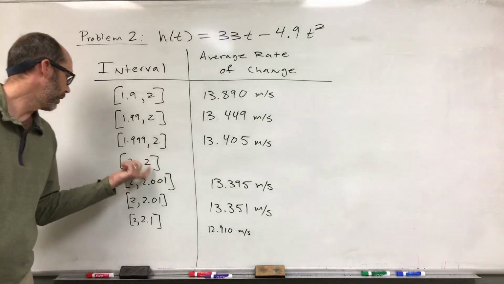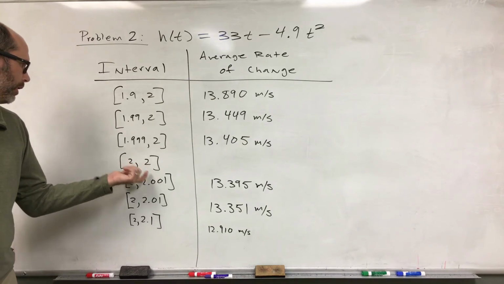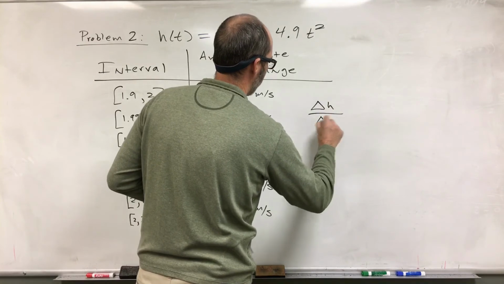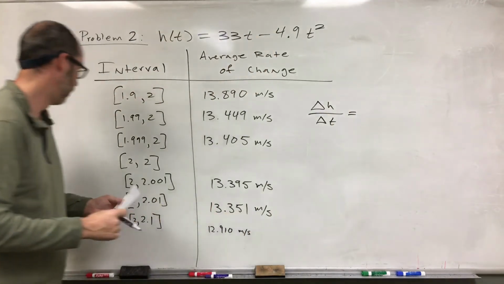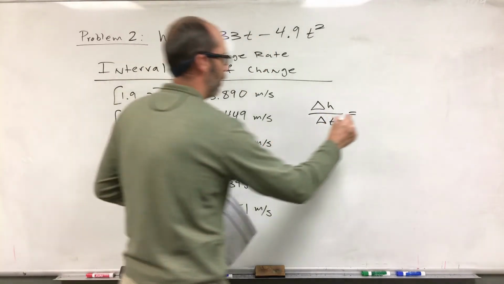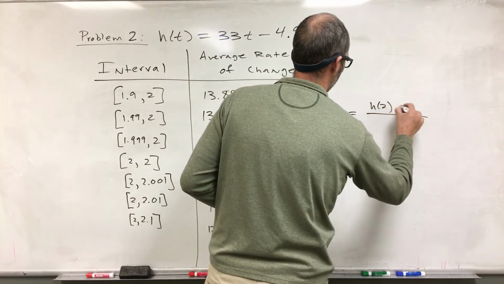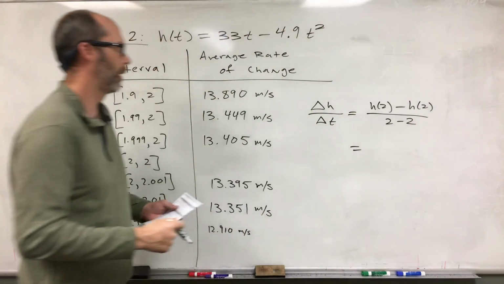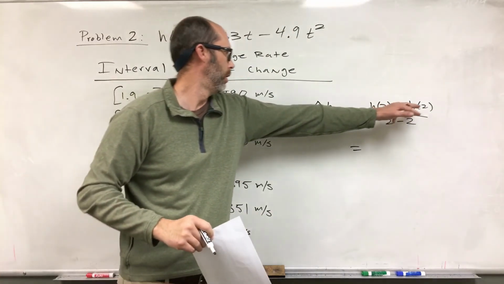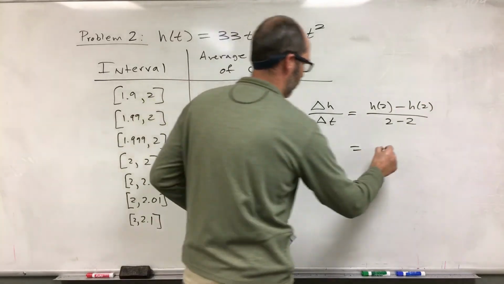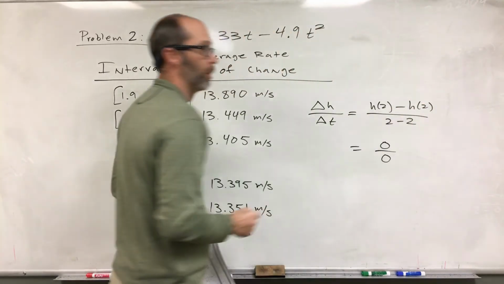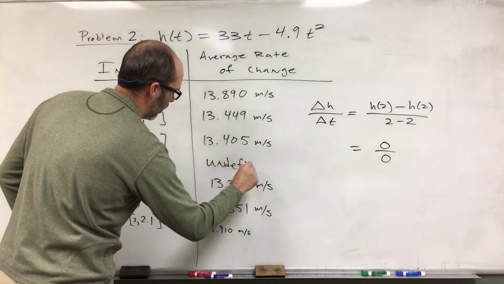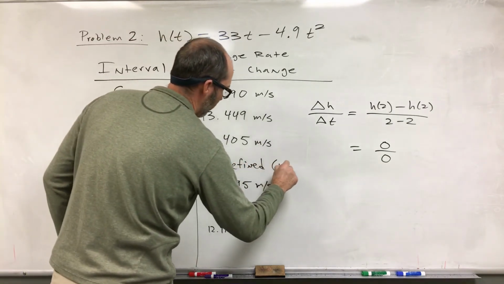Now if we were to try and compute this interval here, let's look at that real fast. Change in h over change in t over the interval 2, 2. You have h of 2 minus h of 2 all over 2 minus 2. h of 2 minus itself is 0, and 2 minus 2 is 0. So this is undefined or meaningless.